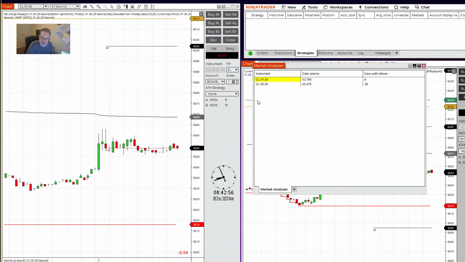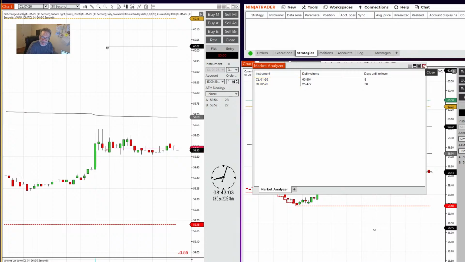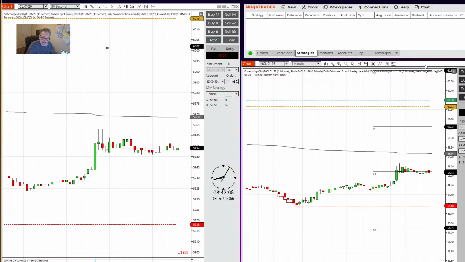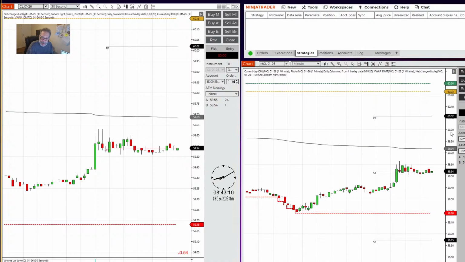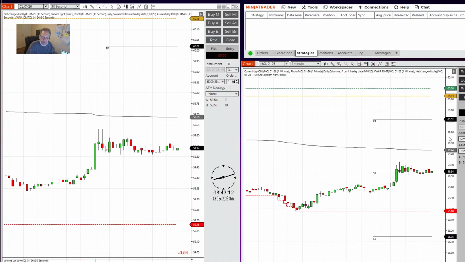There's already a moderate amount of volume on the February contract. All right, I've been actually thinking of just putting the YM on the right. I don't seem to ever trade MCL. So that news might be relatively big.